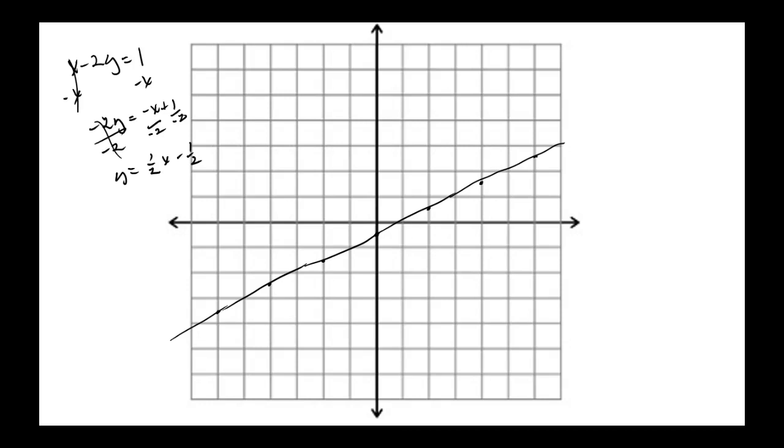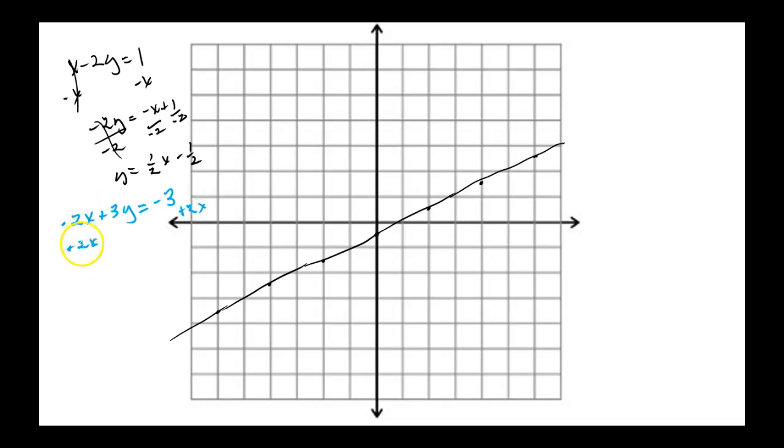Right. Okay. The second equation is minus 2x plus 3y is equal to negative 3. Okay. How would you proceed with that one? Okay, so add 2x to both sides.